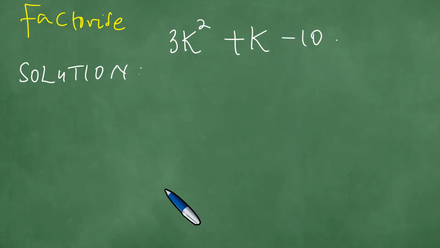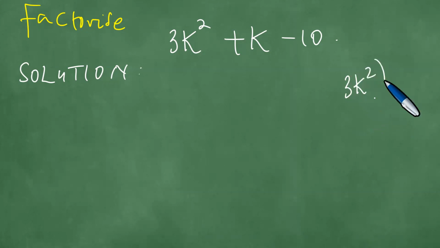Okay, what do we do here first, Leander? You multiply 3k squared and minus 10, right?